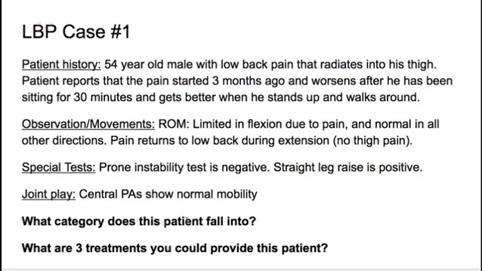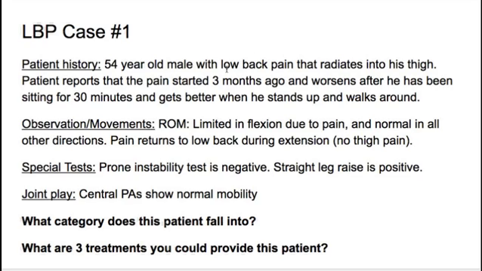So if we think about this particular case, we can ask the question, what category does the patient fall into, and what are the three treatments you could provide this patient? Essentially, some keys from this case are that flexion increases pain and peripheralizes it, but the pain returns into the low back, so actually centralizing pain with extension.